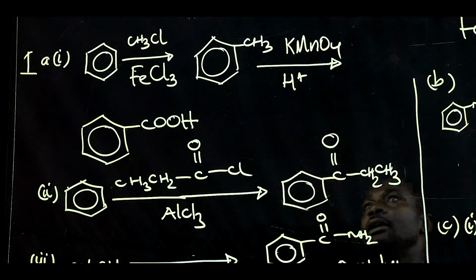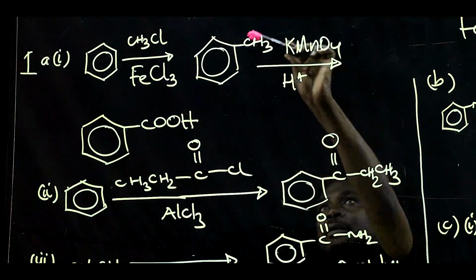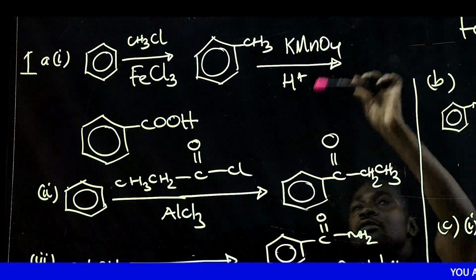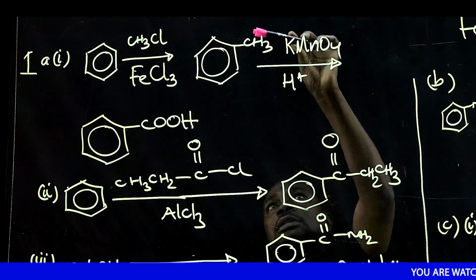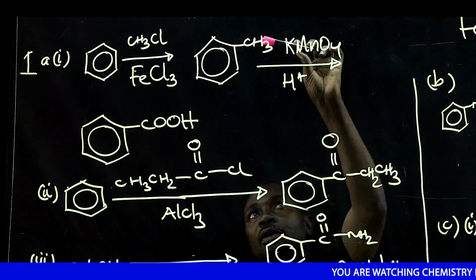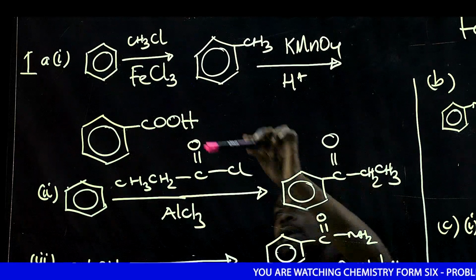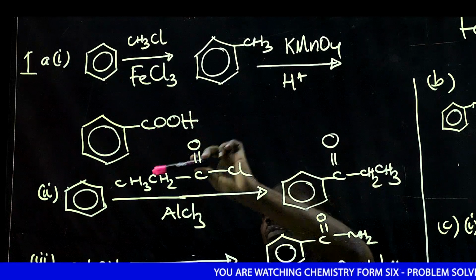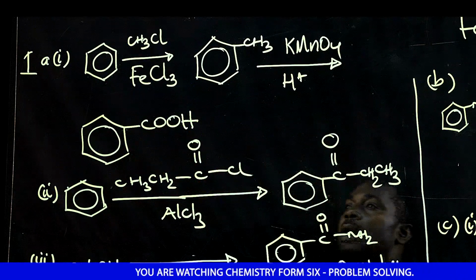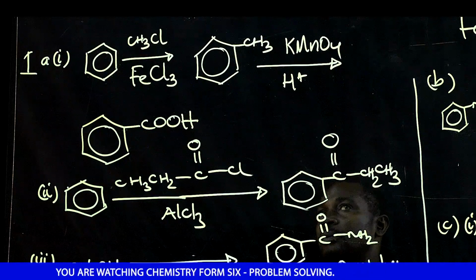The oxidation of a benzene molecule having a methyl group, using a strong oxidizing agent in the presence of sulfuric acid, causes oxidation of the methyl group through removal of hydrogen and attachment of two oxygen atoms, which brings formation of a carboxyl group, and the molecule becomes benzene carboxylic acid.